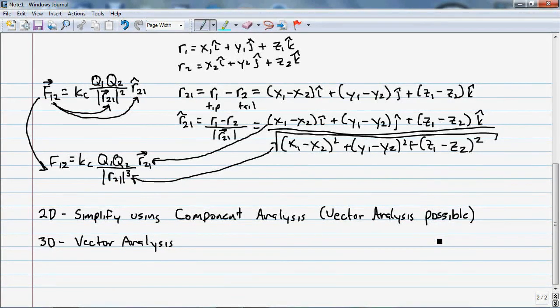You can always do vector analysis, including in 2D, but you can't do component analysis in 3D. So in our next few videos, we're going to be looking at an example in 2D and then in 3D, how you would solve a problem using these equations.